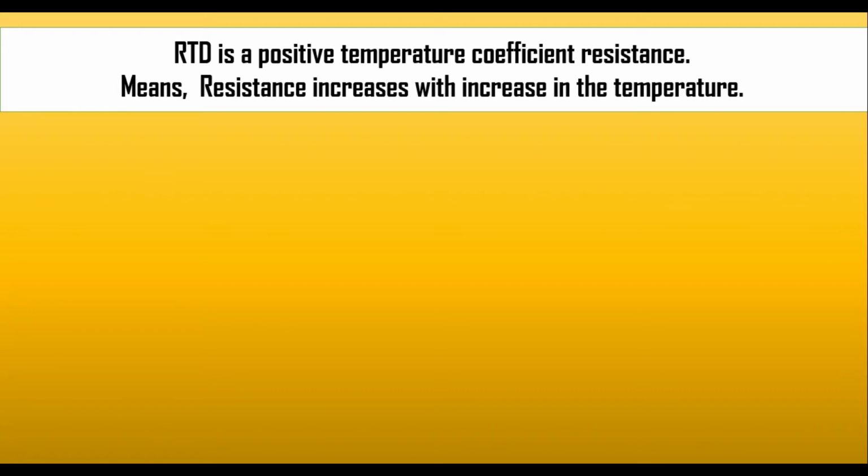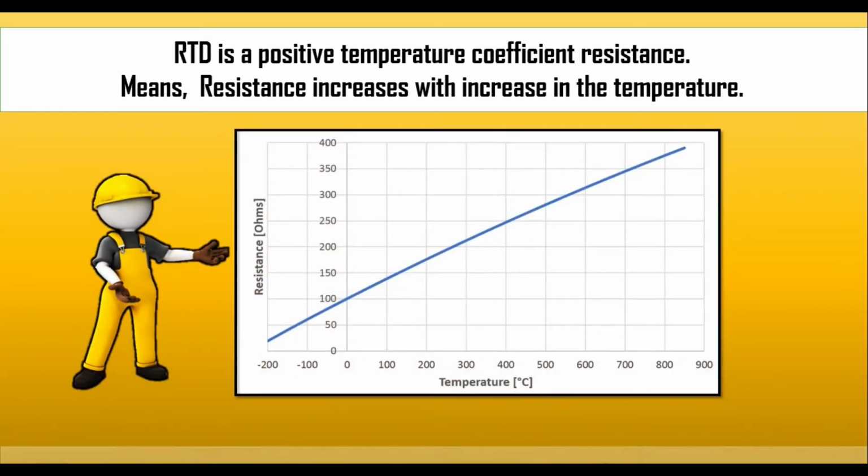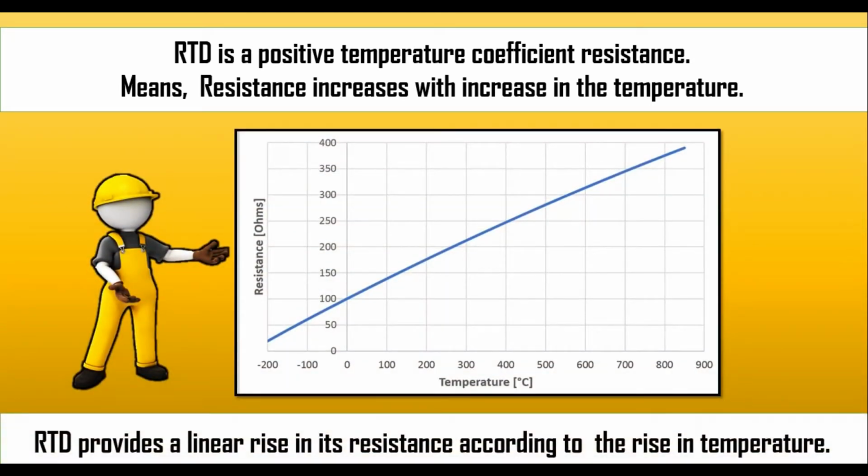So RTD resistance also increases with increase in temperature. RTD provides a linear rise in its resistance according to the rise in temperature. As you can see in the graph, the resistance in ohms rises according to the rise in temperature.